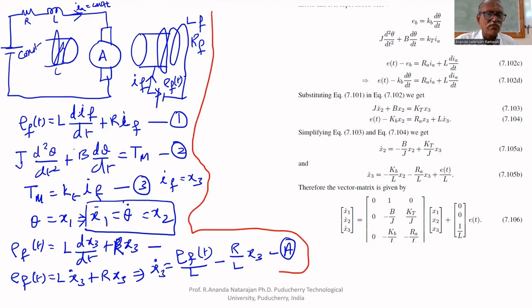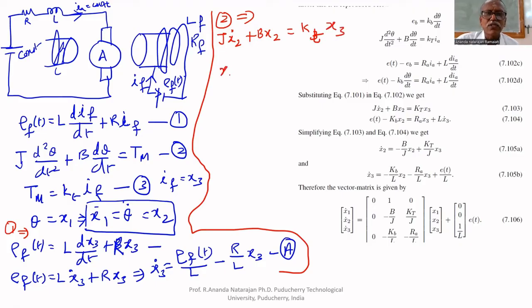Similarly, we can find x2 dot from the second equation. Second equation implies J x2 dot plus B x2 equal to Tm. Tm equal to Kt IF, and IF is x3.